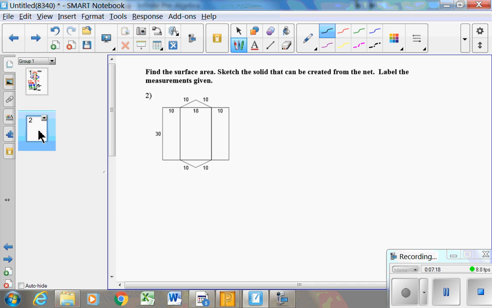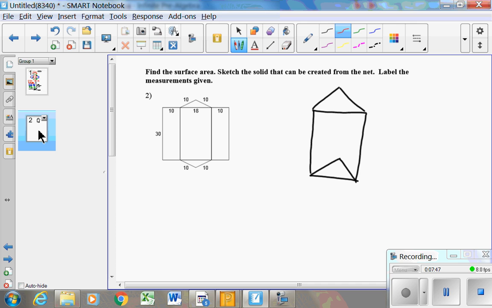If you have a shape and it's laid flat, how do you put it back together to turn it into a 3-dimensional solid? What you can see here is you have triangles on the top and bottom. So if I'm going to start putting this shape together, I have a triangle on the top and bottom, and I'm not a great artist here, but I want to fold those so it turns into a 3-dimensional shape.